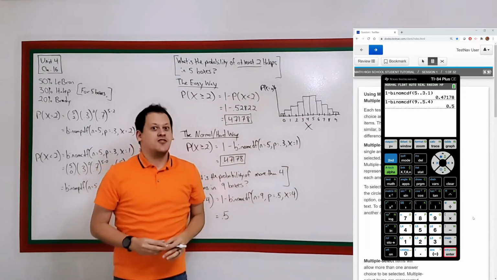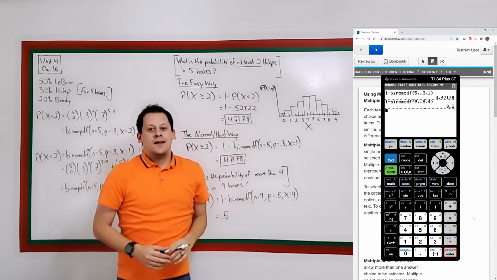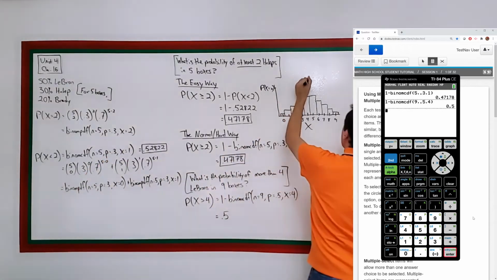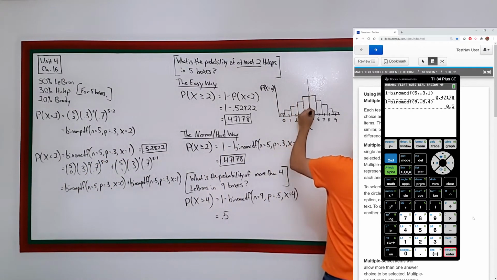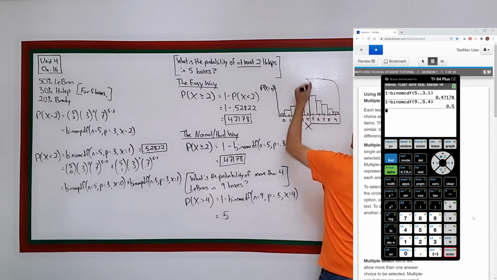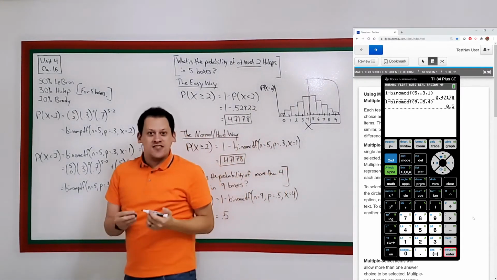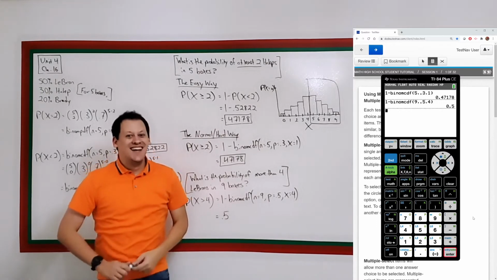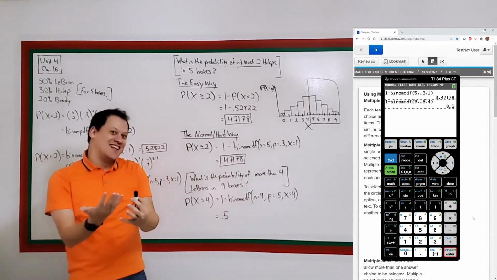It's perfectly symmetric, right down the middle. So the probability of getting more than 4 is everything here. It's exactly half. 0.5. How about that? You got a little bonus lesson in there.